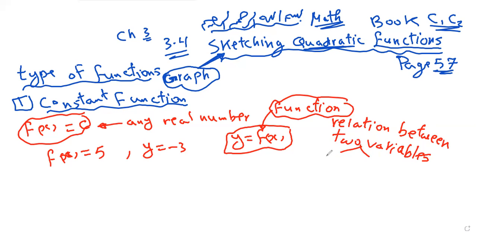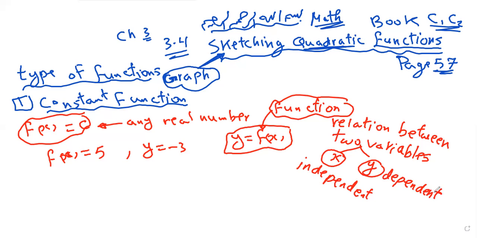Always, or most time, it will be x and y. Here is x, it will be independent. And y, it's dependent. What does it mean? If you change x, y will change.